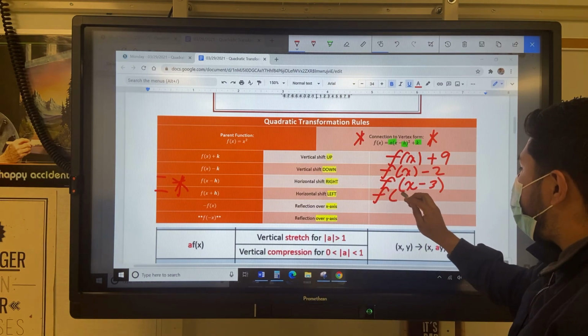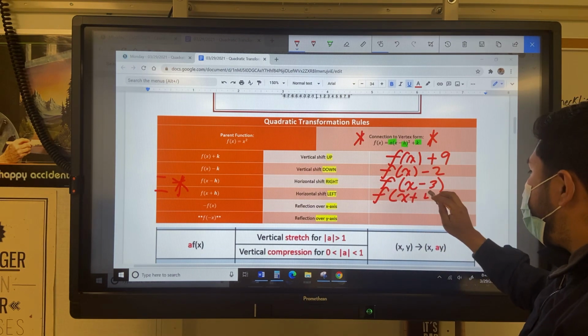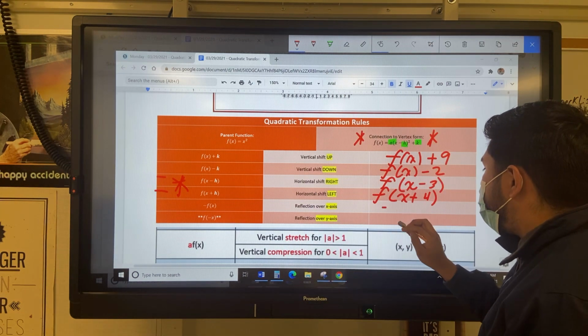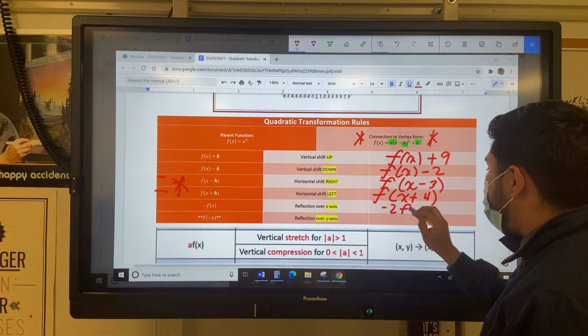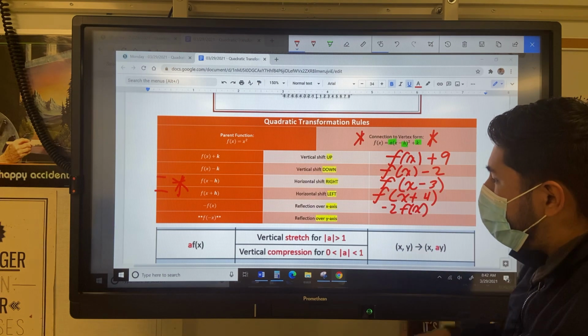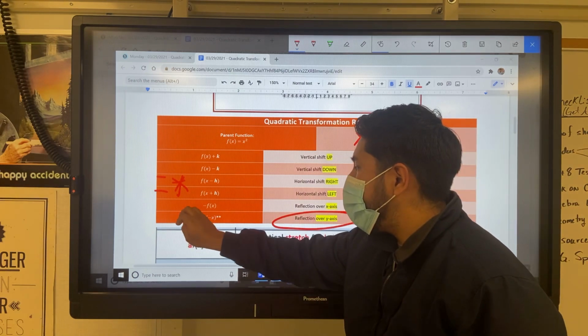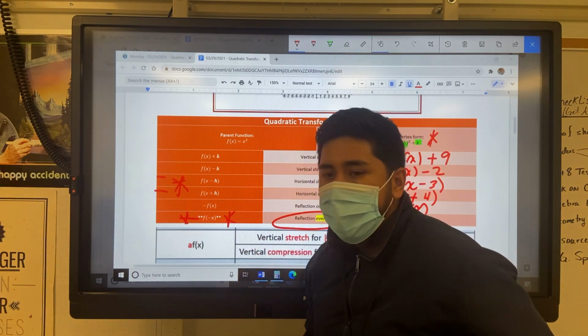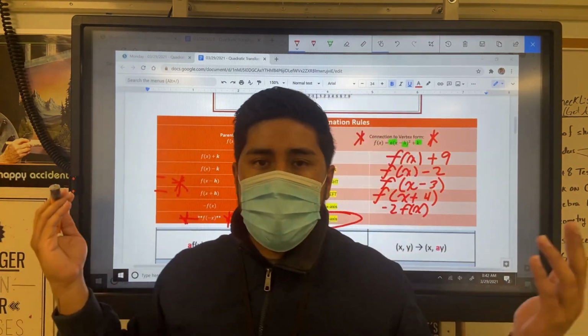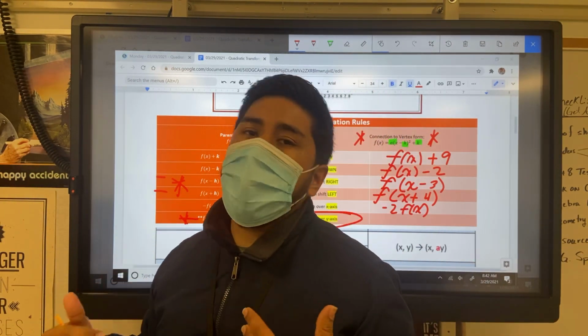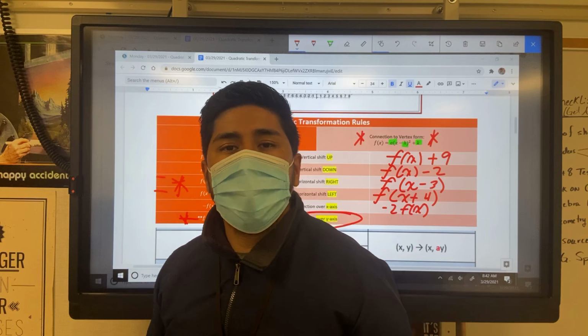Then f of x plus 4. This means I'm going to the left. Negative number, so let's say this negative 2f of x, that means it's a reflection across the x. This one's very hard to see, so I'm not going to talk about it too much because it's a reflection of the inside of the parabola. That one's going to be a lot more important in the future in Algebra 2 with more functions, okay?